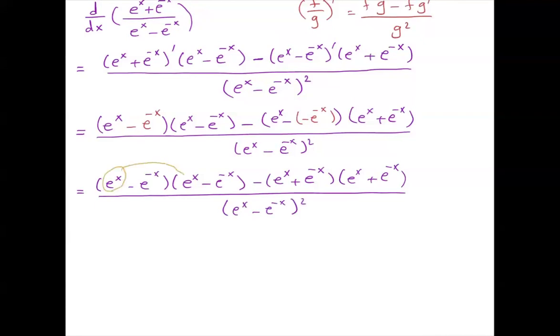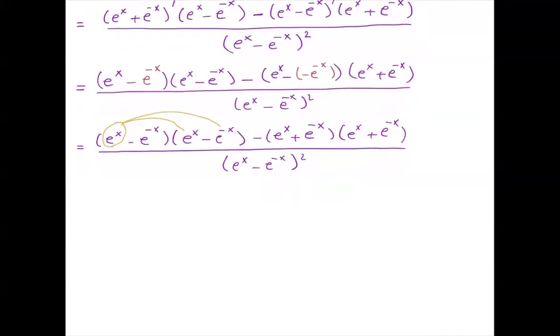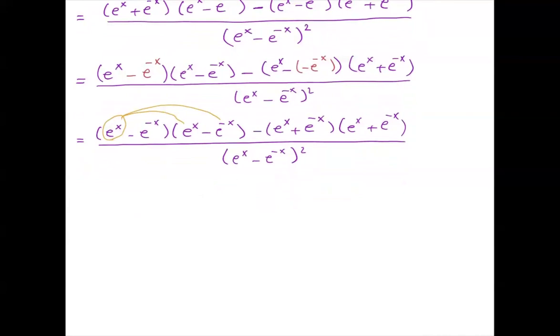Distribute e to the x into parentheses. What do we get? We get e to 2x, and then minus e to the x times e to power minus x, then distribute minus e to power minus x into parentheses. Later, we simplify the whole thing.